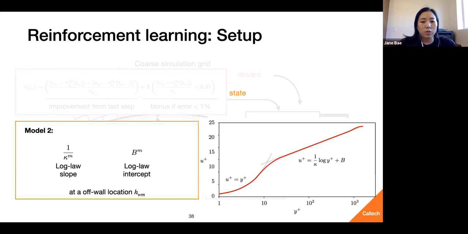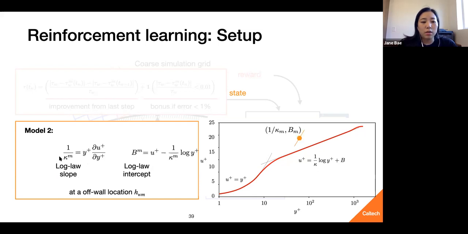The second model, we tried something a bit different, which is that we knew that there is going to be some log law slope. So even if that slope is not universal, if we can learn somehow how that slope changes with adverse pressure gradient and so on, we would be able to adapt. So the idea was to compute the instantaneous log law slope and the instantaneous log law intercept using the point measurements that we did.